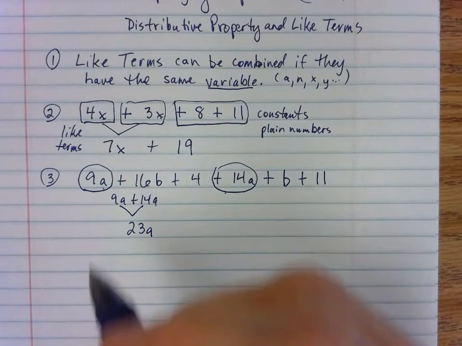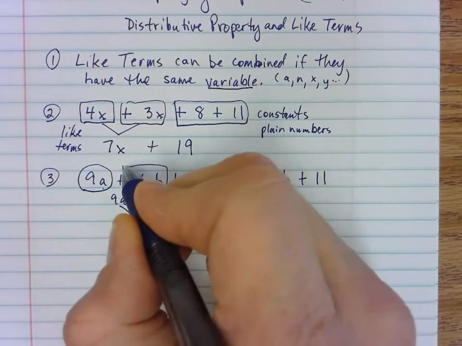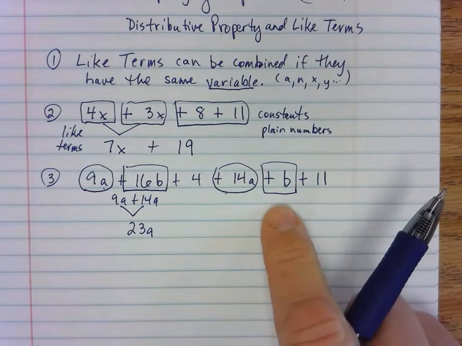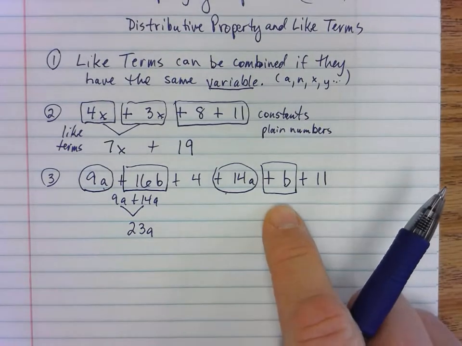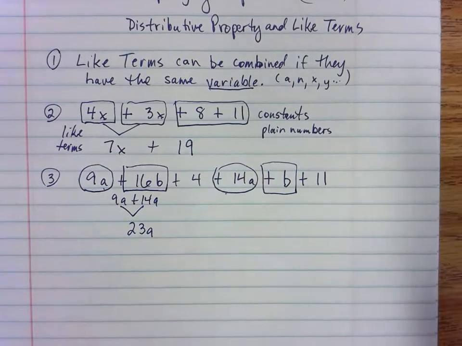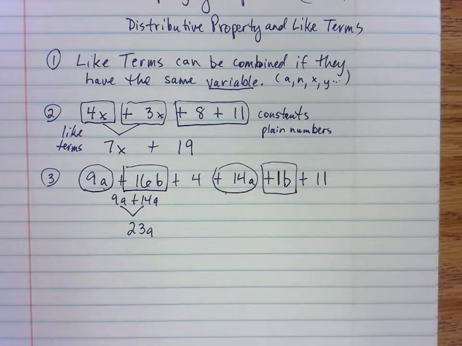Now I'm going to put some squares around my b's. I've got a positive 16b and a plus b. Now, there is no number in front of that b. So how many b's is that? Since there's no number, you can put a 1 in front of it, okay?